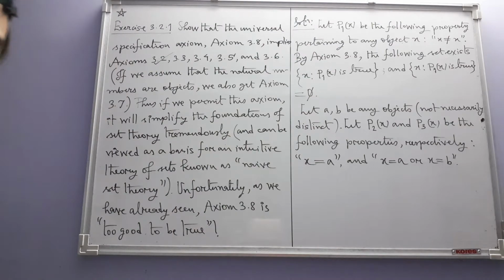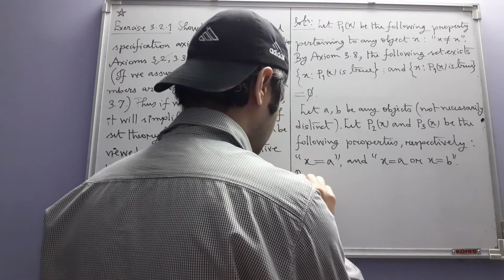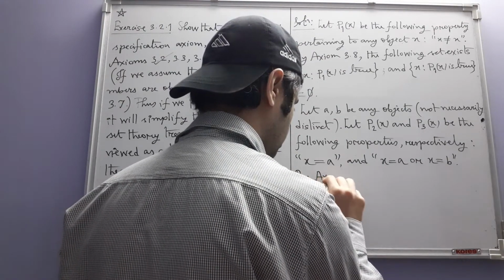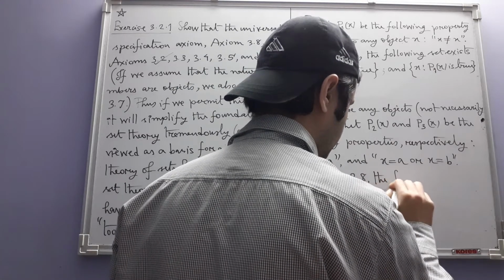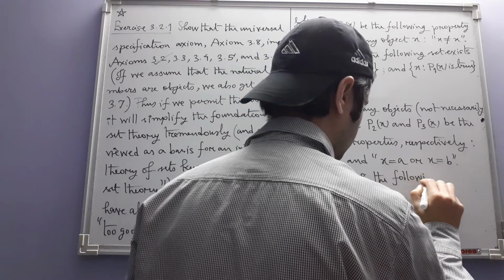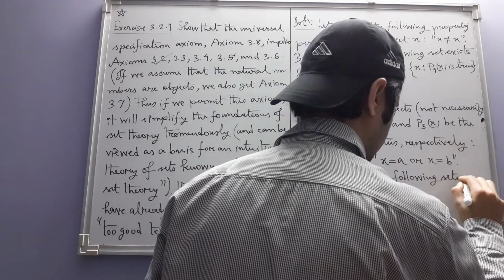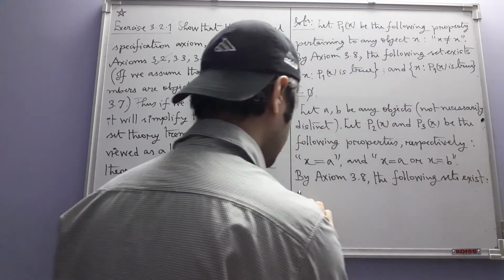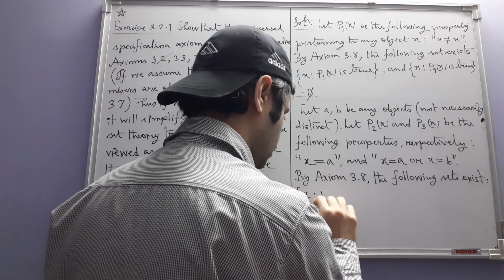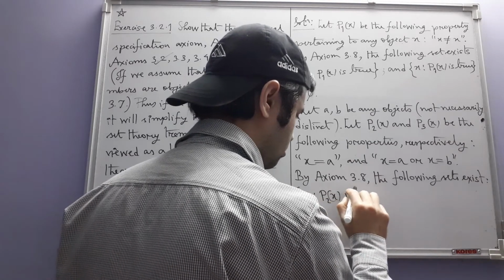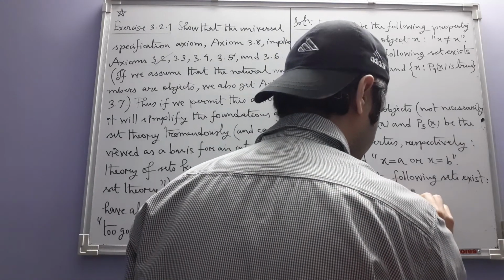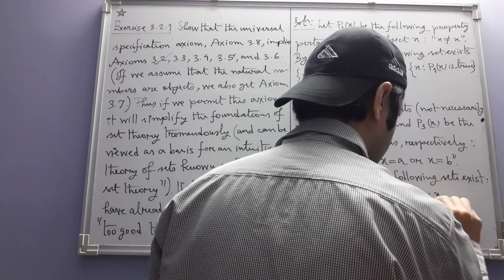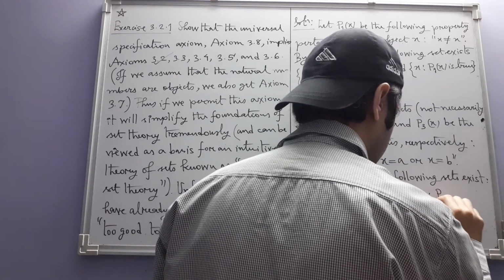Corresponding to each of these properties, by axiom 3.8, the following sets exist: the set of x such that P2(x) is true, and the set of x such that P3(x) is true.